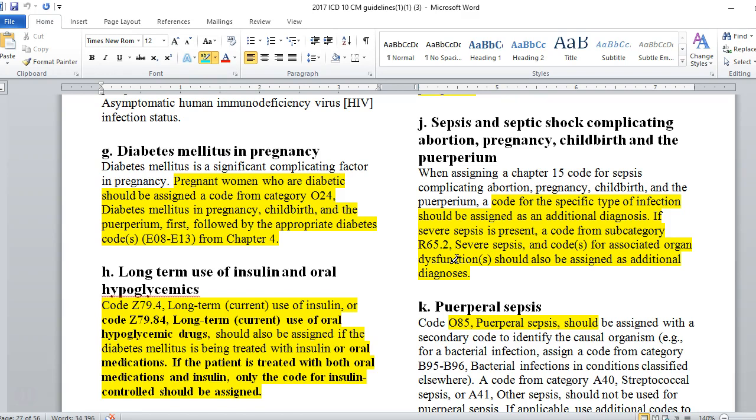Now, if severe sepsis is present, a code from subcategory R65.2, severe sepsis, and a code for associated organ dysfunction should be assigned as an additional diagnosis. So again, how is the doctor describing the patient? Okay, is it sepsis? Is it severe sepsis? Is it septic shock?